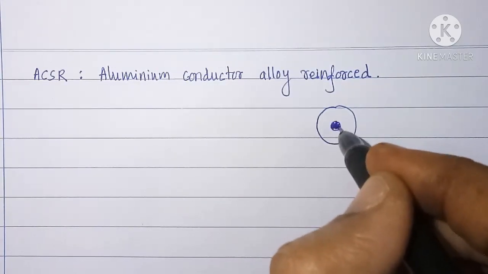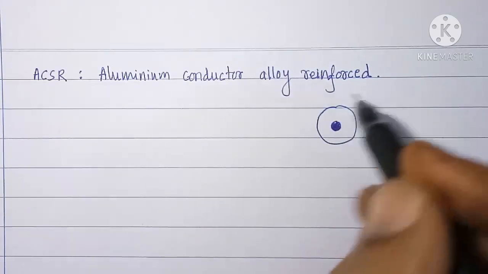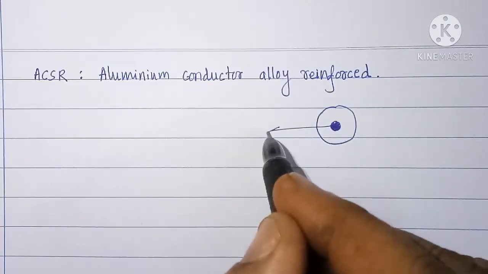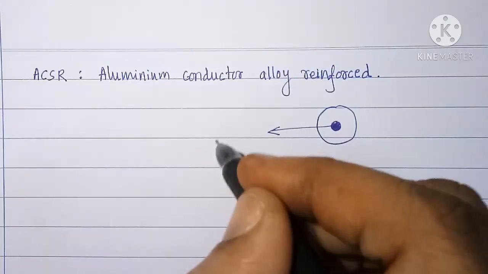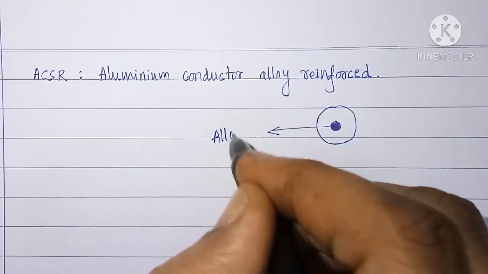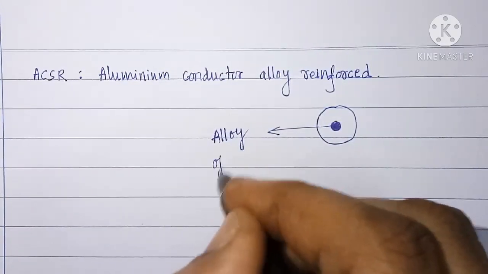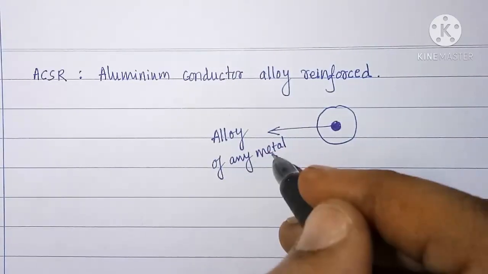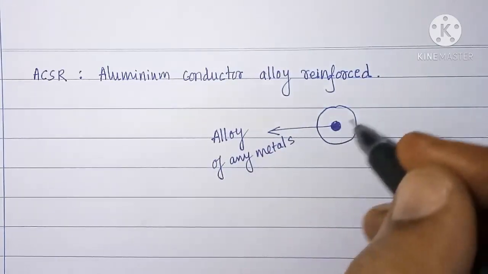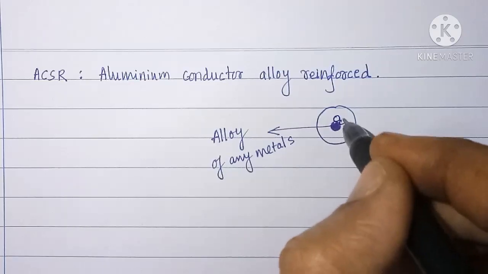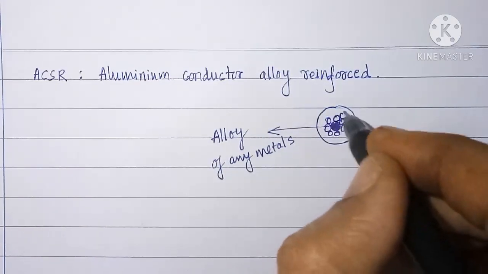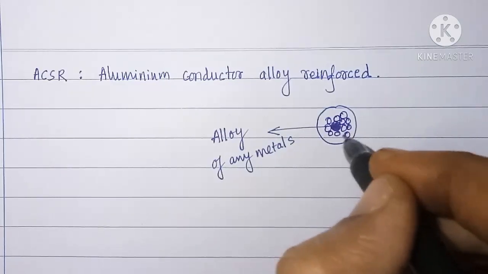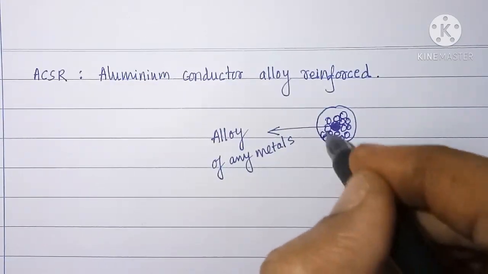In these conductors, central conductor is of aluminum alloy or any other alloy. So here we can write alloy of any metals, and around this central strand there will be aluminum conductors.